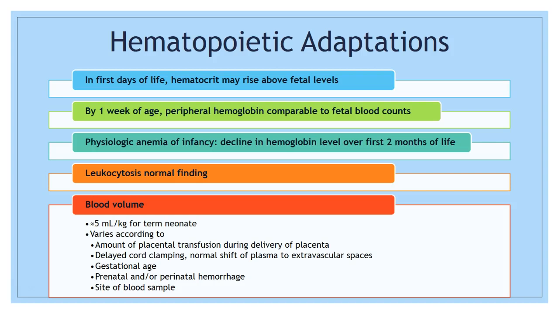So we don't do that. We use heel sticks and get the least little bit that we can. Now, if you've got a baby who's sick, you might need a little more than what you can get from a heel stick, but we still don't draw those big, huge adult tubes of blood.